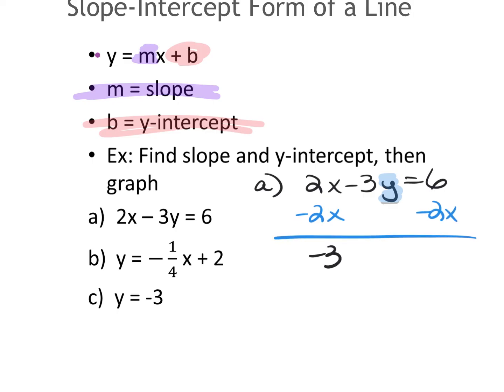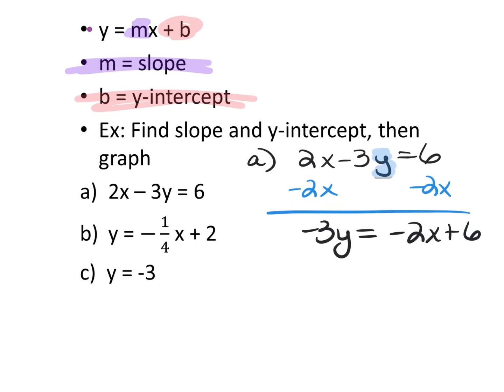And this leaves me negative 3y equals negative 2x plus 6. I can't add the 6 and the 2x because the 6 doesn't have an x. They're not like terms. And now I need to divide. I'm going to divide all three pieces by negative 3. And y equals negative divided by a negative, 2/3 x.